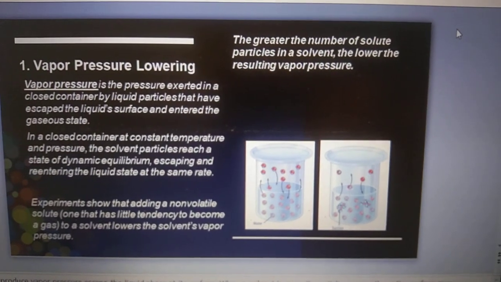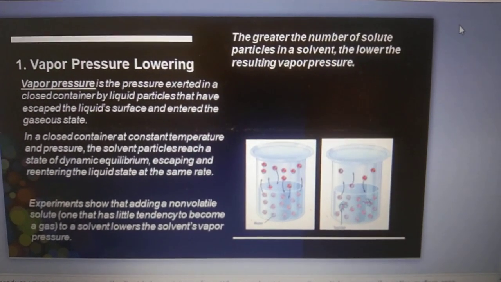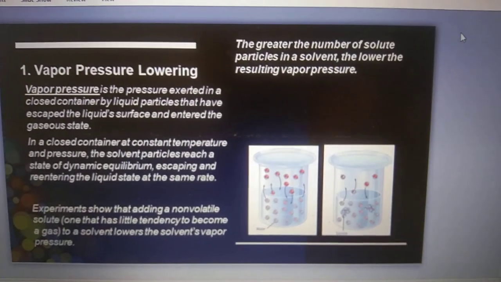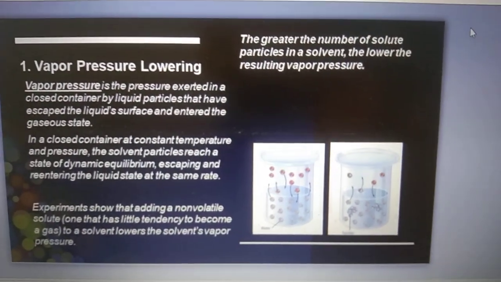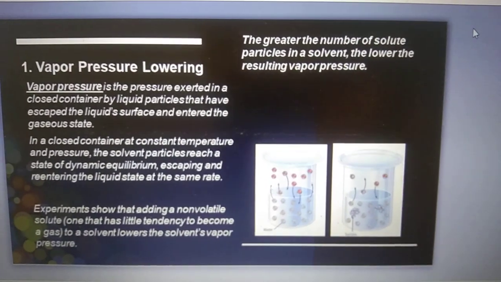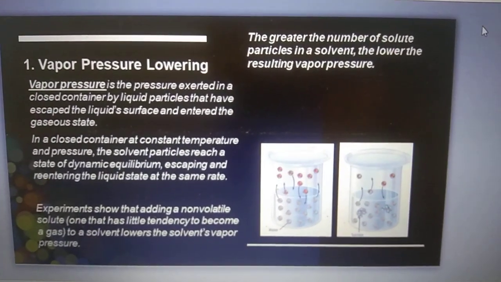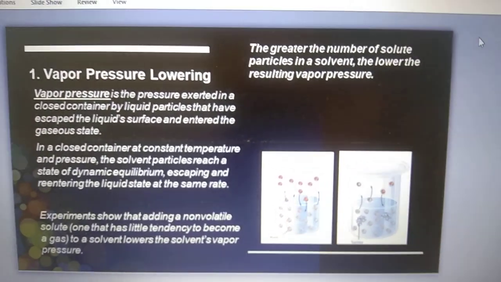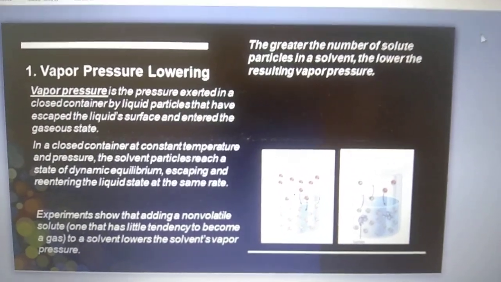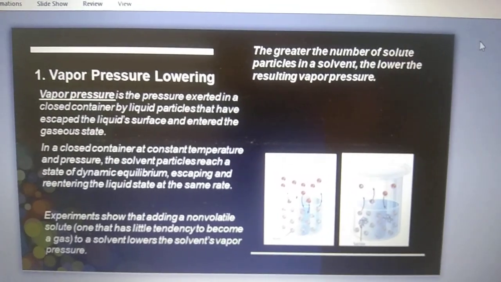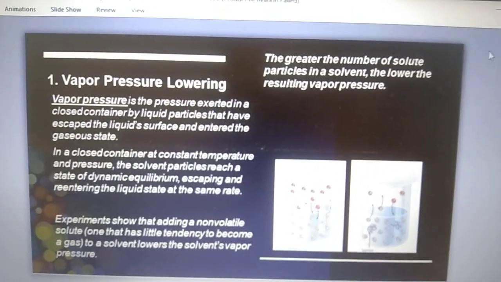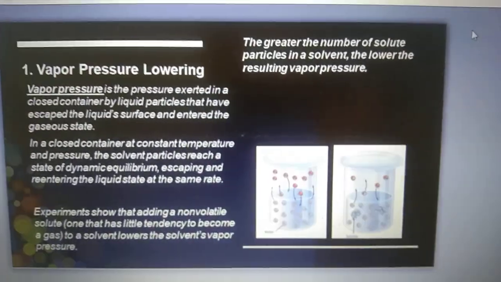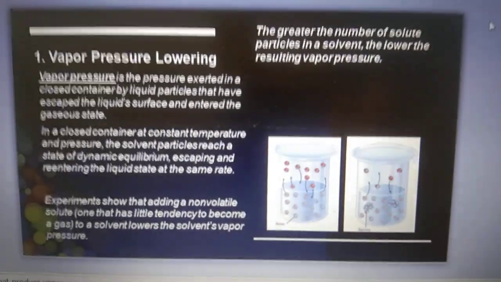What does it mean? If there is more solute, the vapor pressure is lower. When we say lowering the vapor pressure, that vapor is made of gas particles that are less dense compared to the water, so it goes upward.